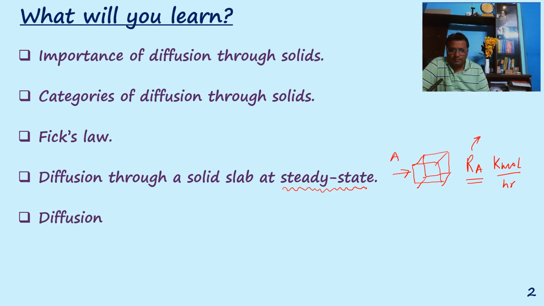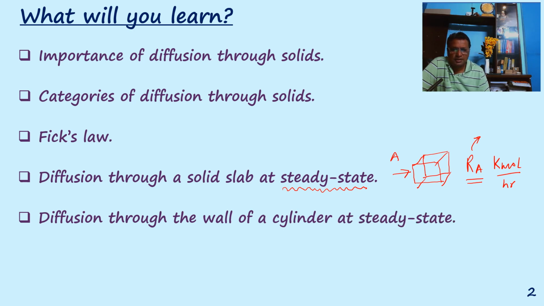Then the second case that I will be discussing today is diffusion through the wall of a cylinder at steady state. So in chemical engineering, there are occasions when fluids are passed through pipes.